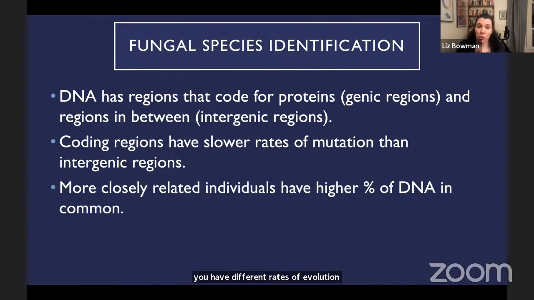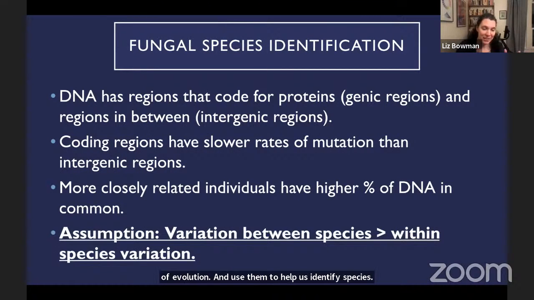Like I said, more closely related individuals have a higher percent of DNA in common than more distantly related ones. So we can use these regions with differing rates of mutation to help us identify species, but you have to find the right area, and that's the hard thing.